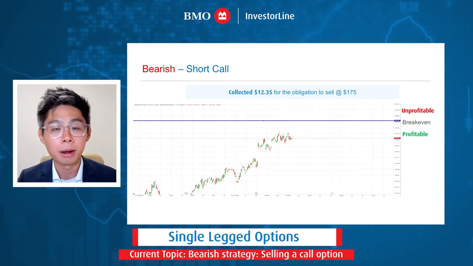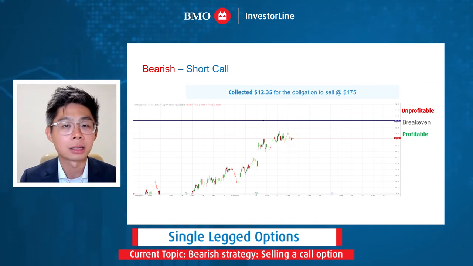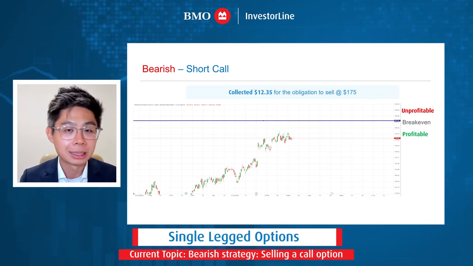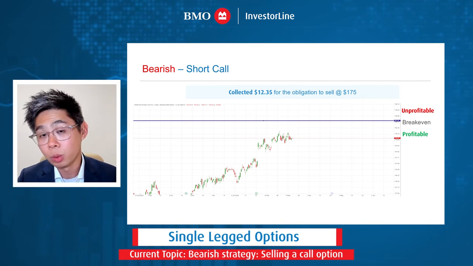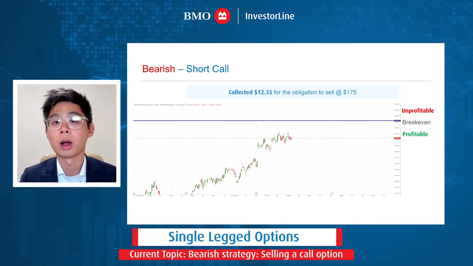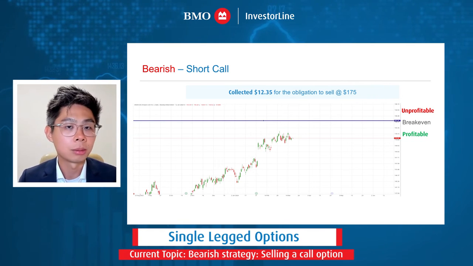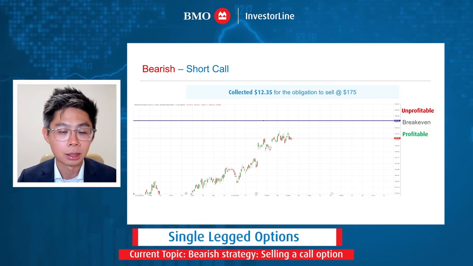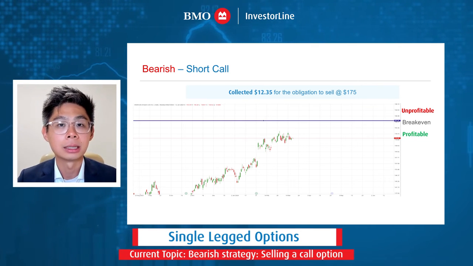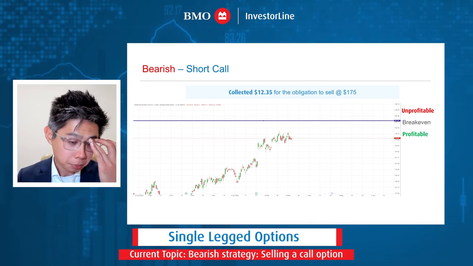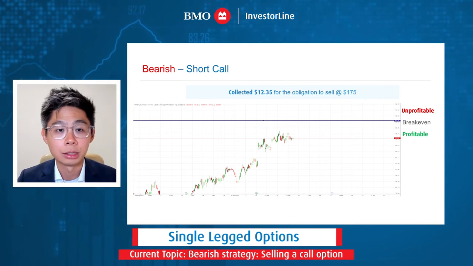And that higher probability of profit is really what attracts a lot of traders to option selling strategies, and why they are willing to take on substantial amounts of risk or unlimited amounts of risk. So it's really important to understand this concept as an option seller, because it's going to help you better understand when you might want to utilize these strategies.